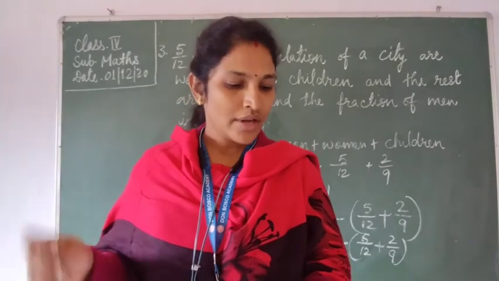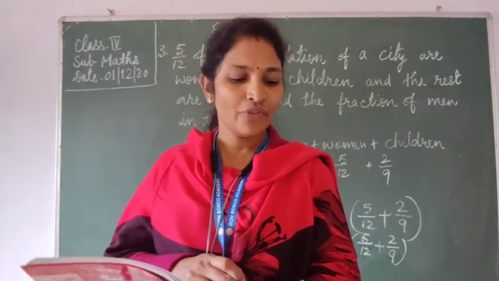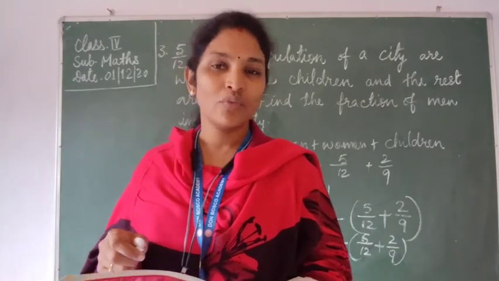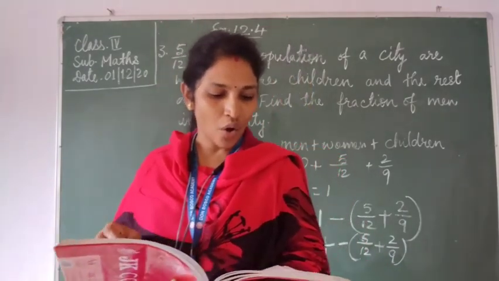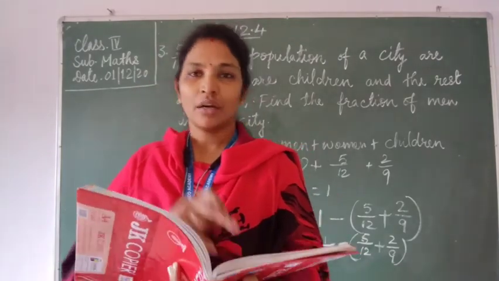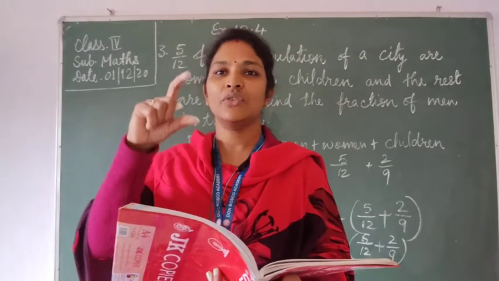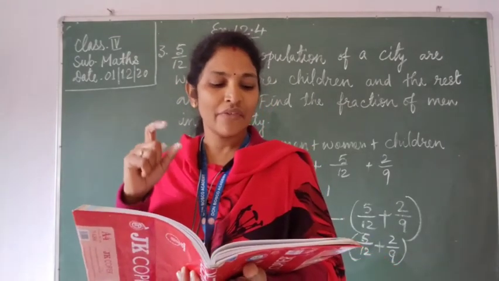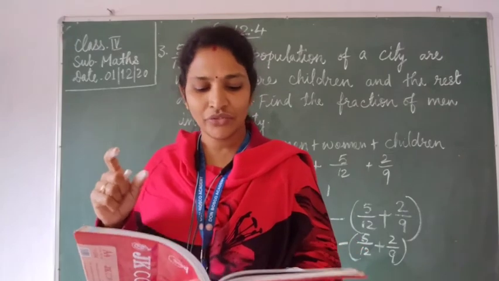Okay. Now, next question, question number 4. A tailor uses 27 1/3 meters of thread from a new reel. Reel of thread, you all must have seen a reel of thread, no? From that, a tailor uses 27 1/3 meters of thread.